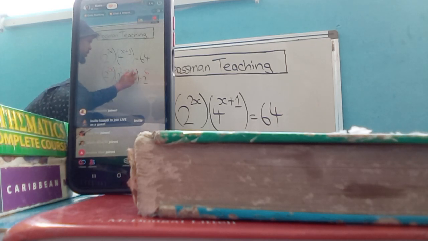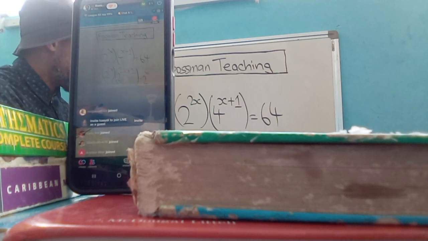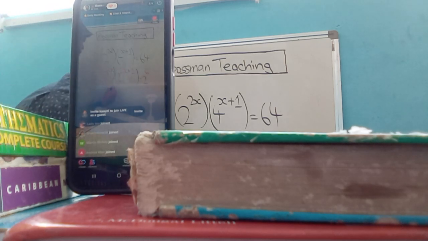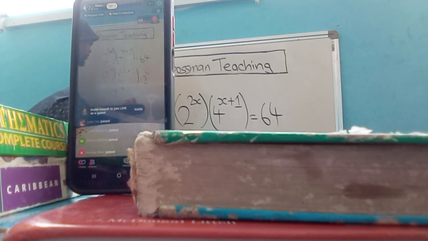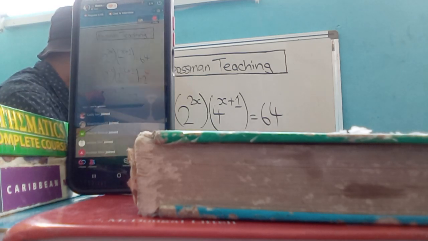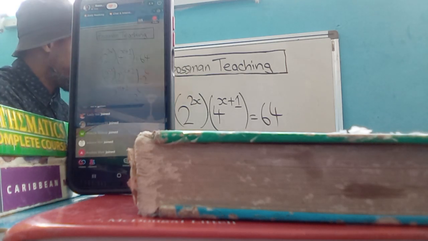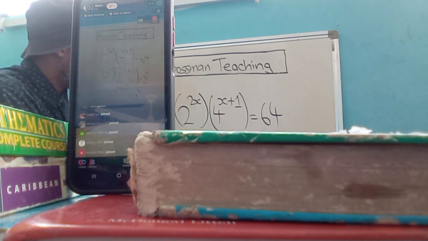So that definitely will be 2x plus 2. Now we have 2x plus 2x plus 2, so we're going to have 2 raised to the 4x plus 2 equals 2 raised to the 6. And that's easy now.